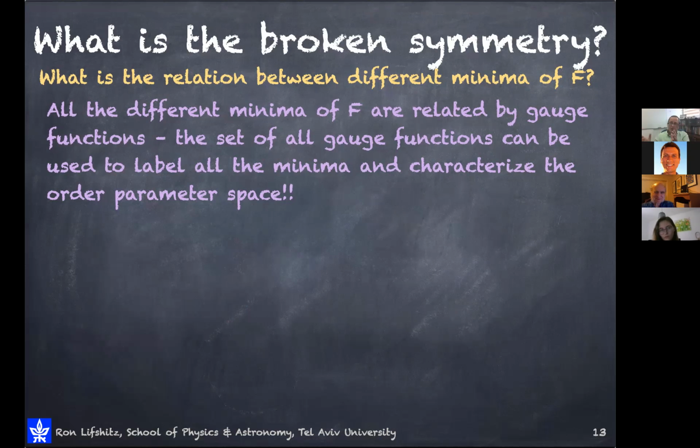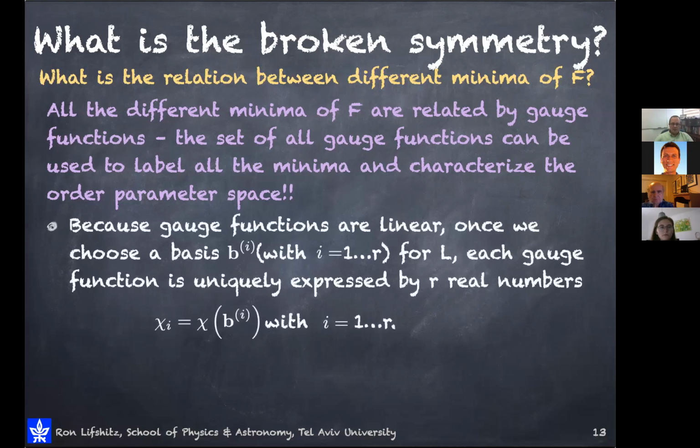I take one minimum state to a different minimum state by performing this gauge transformation, a multiplication with these phases, okay? And so each gauge function takes a particular minimum state into another minimum state. The set of all gauge functions will take one minimum state to all other minimum states, okay? This is the space that I'm looking at.